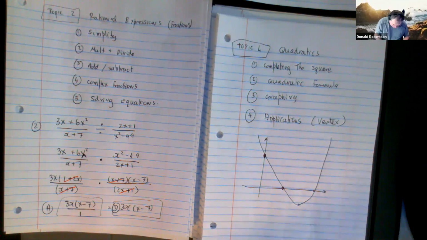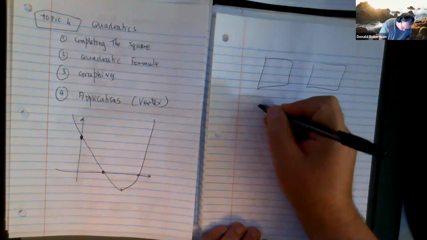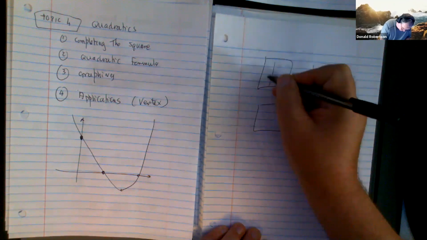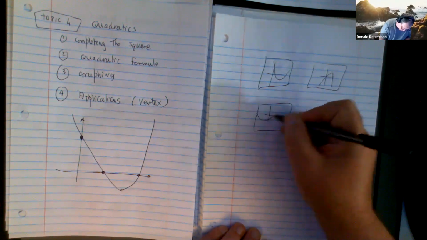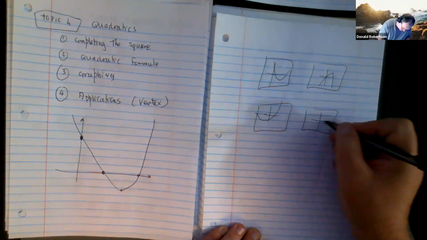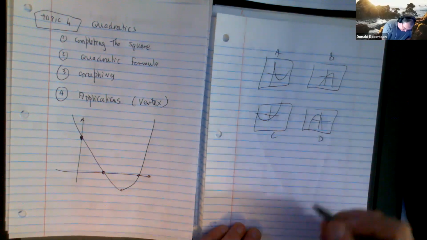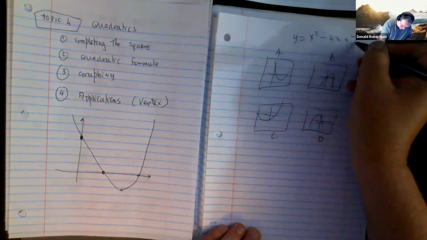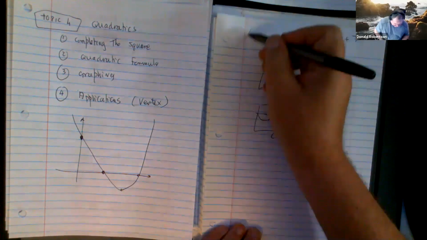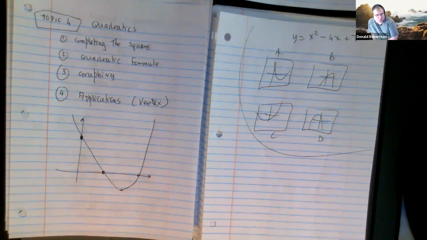Or if I do a question as multiple choice, you'll get 4 pictures, called A, B, C, or D, and you pick the right one. So your graphing questions could be multiple choice, where I give you 4 pictures and you pick the right one.